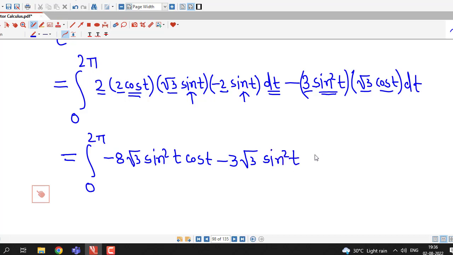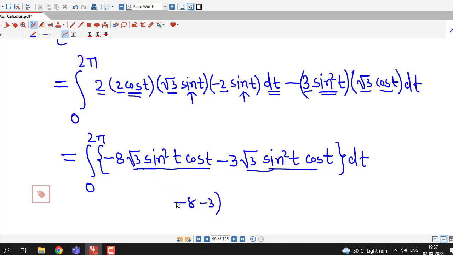Now you can observe that if we take sin² t cos t common, and then √3 can also be taken common, we will have minus 8 minus 3 times √3 sin² t cos t.